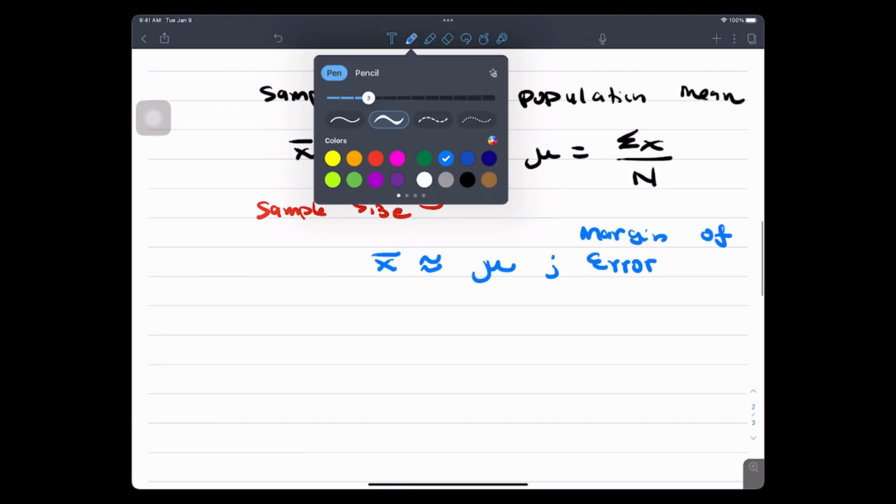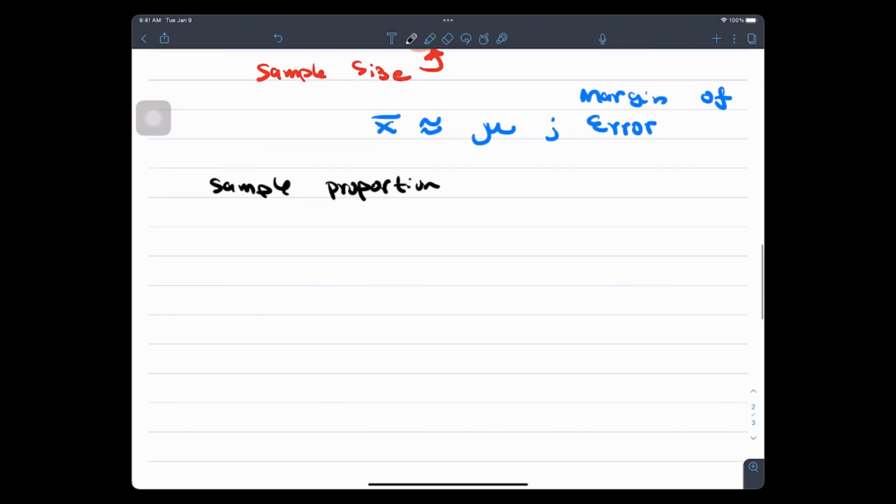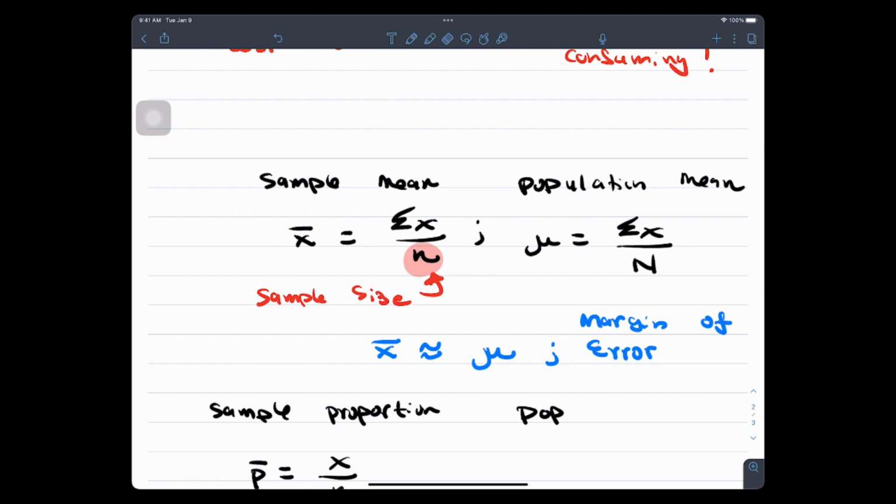Compare that to a sample proportion. So we're going to have sample proportion as well. And that's this p with a hat. This is x over little n. x counts what we call successes. This is the number of successes. Okay? This is a sample proportion compared to the true proportion. So I'm going to change population mean to true mean.